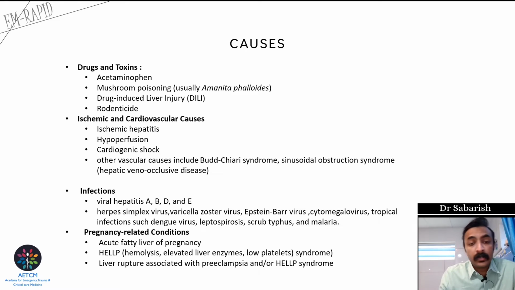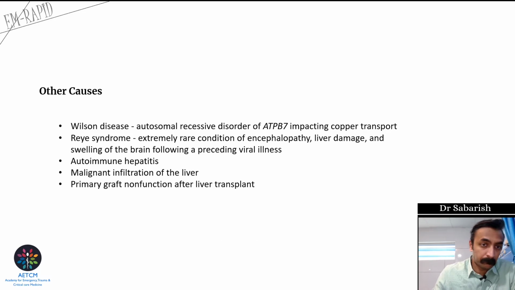Another reason could be a pregnancy-related condition, which could be acute fatty liver of pregnancy itself presenting as ALF, HELLP syndrome, which is characterized by hemolysis, elevated liver enzymes, and low platelets, and also, rarely, liver rupture associated with preeclampsia or HELLP syndrome. So broadly, we have to classify it into drugs and toxins, ischemic and cardiovascular causes, infections, and pregnancy-related conditions.